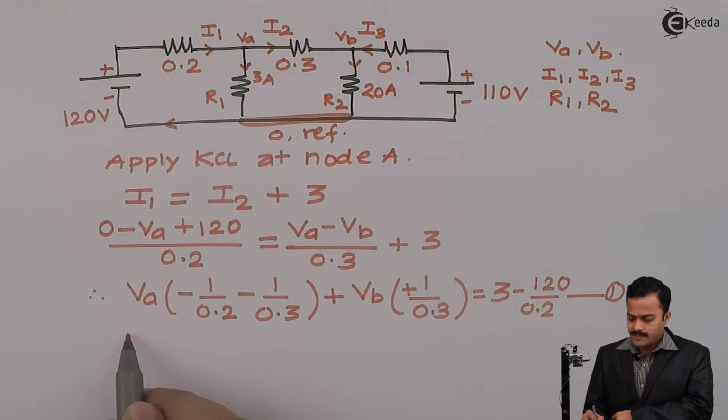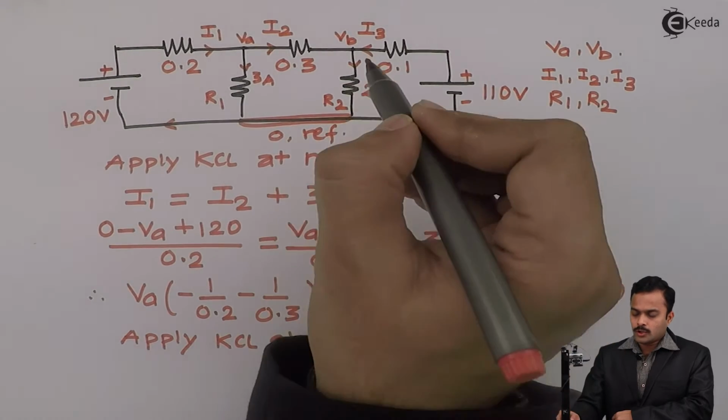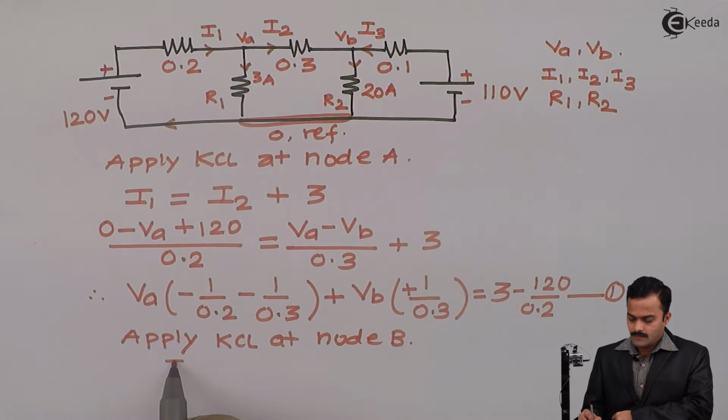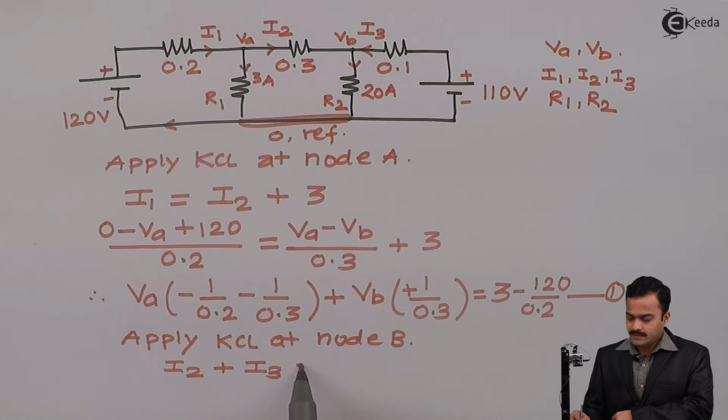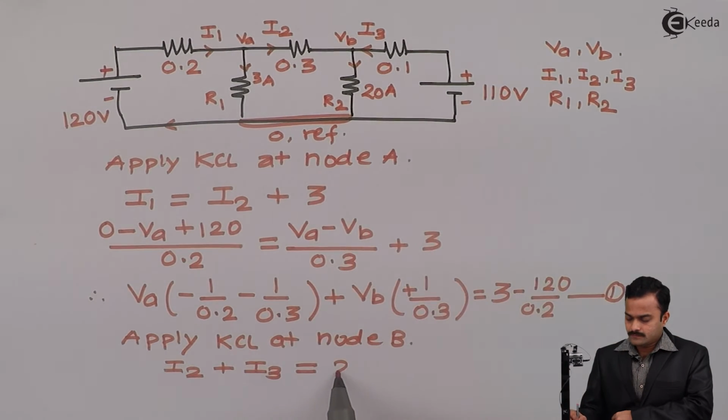Similarly, I can apply KCL at node B. So at node B, I am having two incoming currents, I2 and I3, equal to the outgoing current, which is given as 20 ampere. Now let's write I2, I3 in terms of VA, VB.